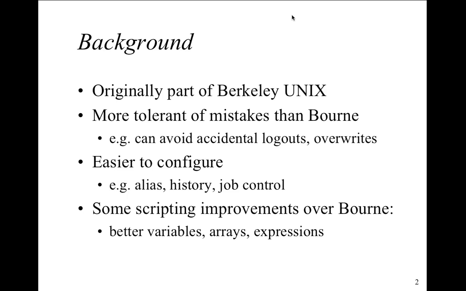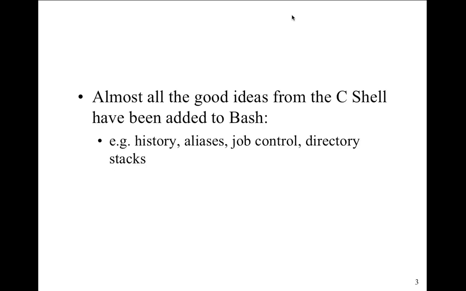It's more tolerant of mistakes than Bourne and some of the other ones, and you can avoid accidental logouts and overwrites and all sorts of things because there's a lot of error messaging and control built into the shell environment. It's easier to configure, has aliases, history, job control, control over processes. As we saw yesterday, processes are sort of a core concept for Unix. There are some scripting improvements over Bourne, with better variables, arrays, and expressions. So we'll be talking about that today as well.